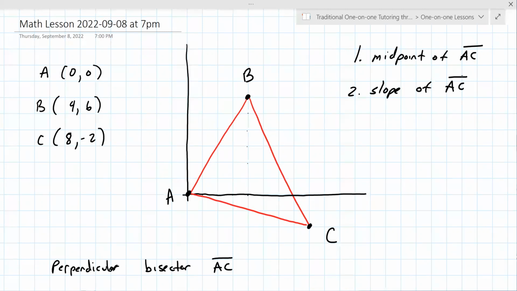All right, so do you remember the equation for the midpoint? Yeah. Okay. Let me just write those down for a second.